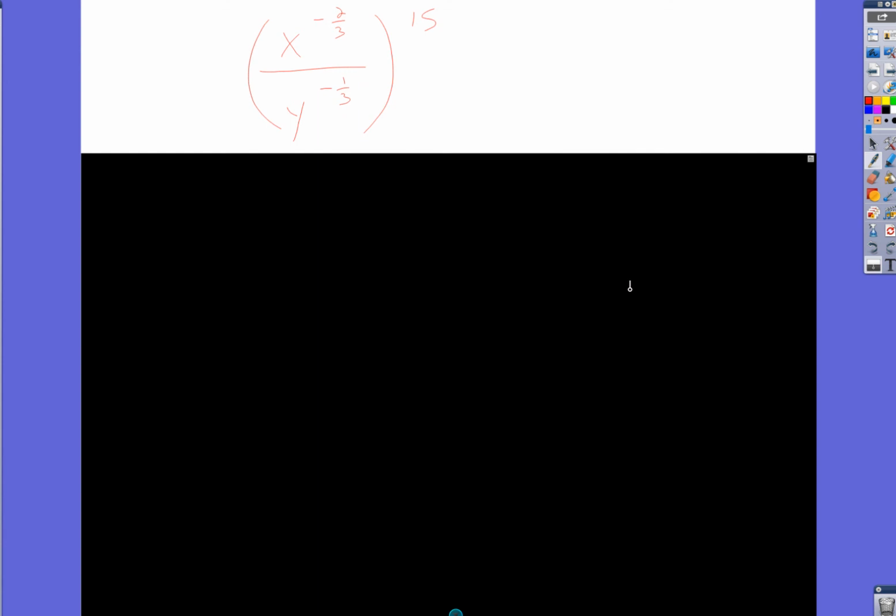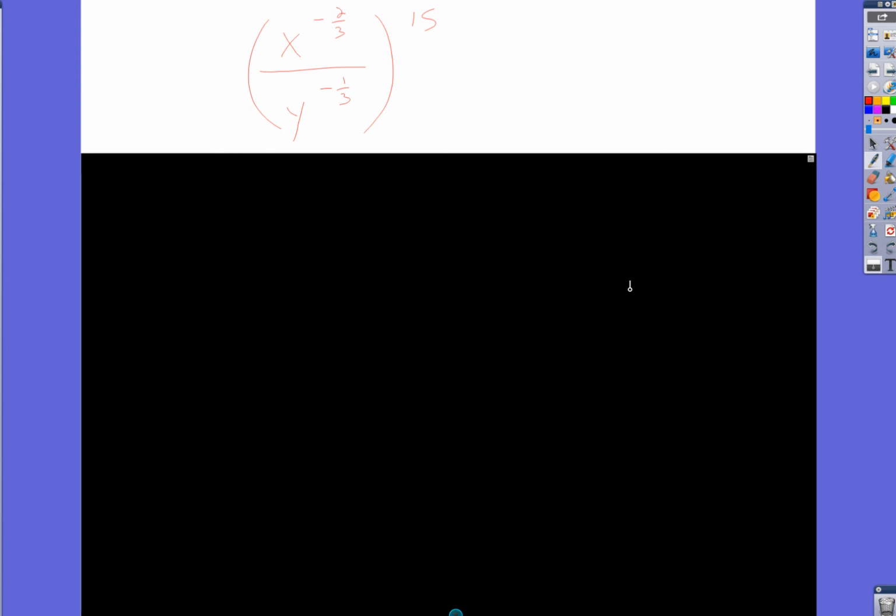If I ever see a parentheses, I typically like to do that first, but it's not because it's better, it's just out of habit. So when I have a power outside of a parentheses and I'm dividing on the inside, what am I allowed to do with that power? Distribute. Okay, distributing two numbers that already have powers. What are you going to do with power of a power?